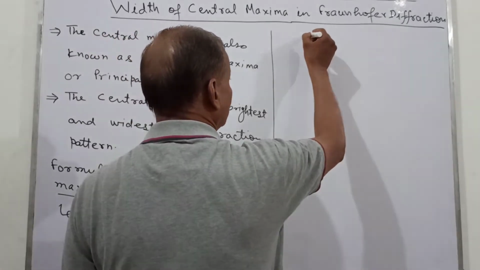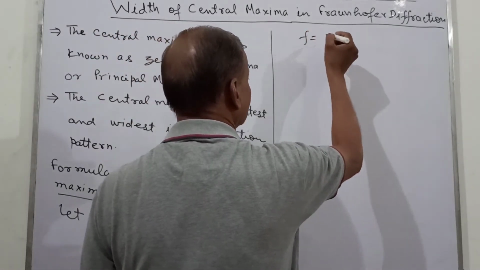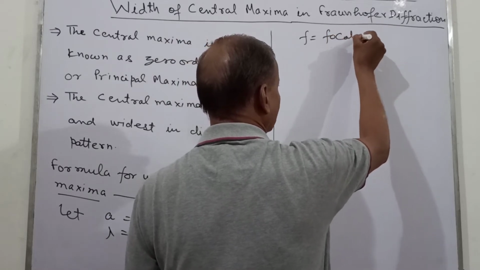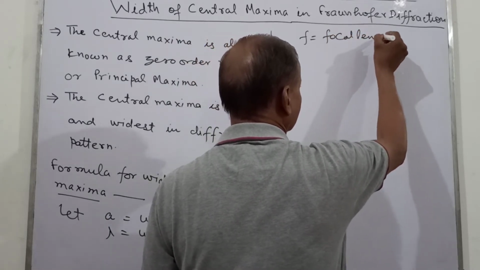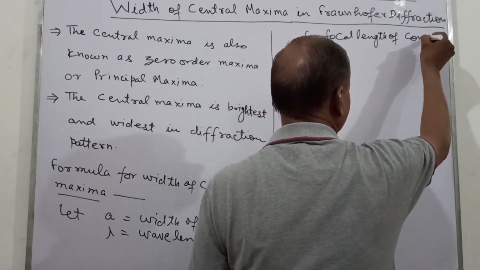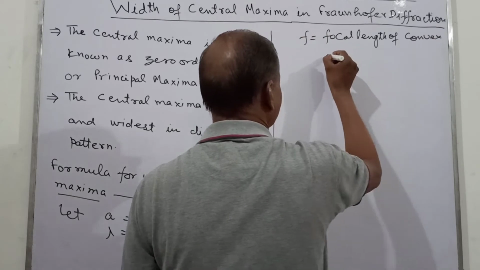And let f equal to focal length of convex lens.